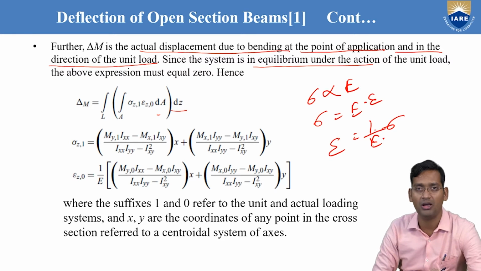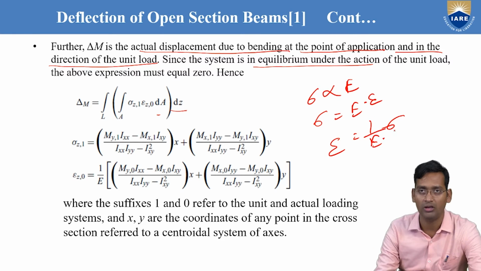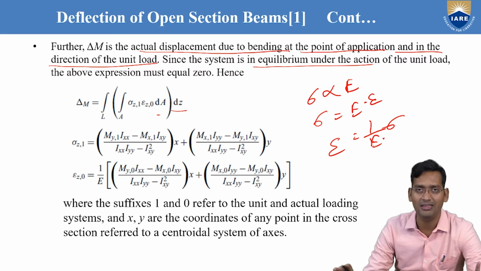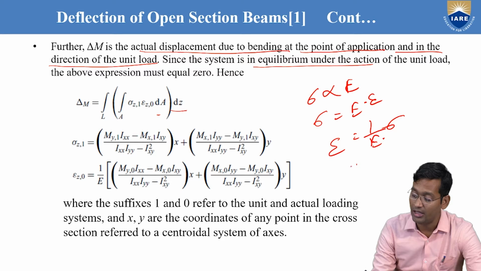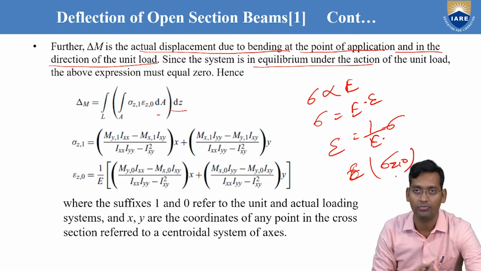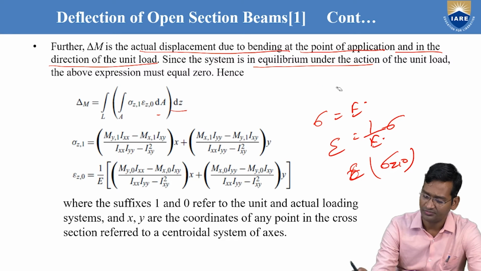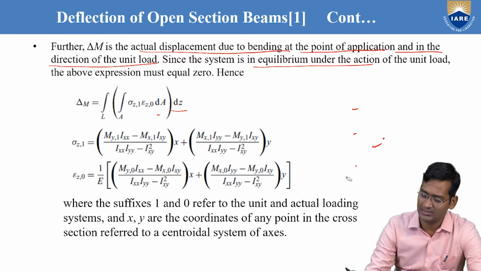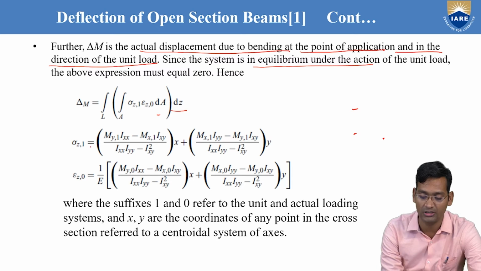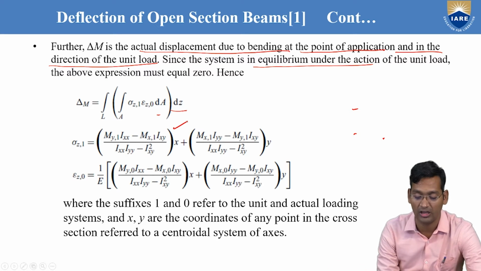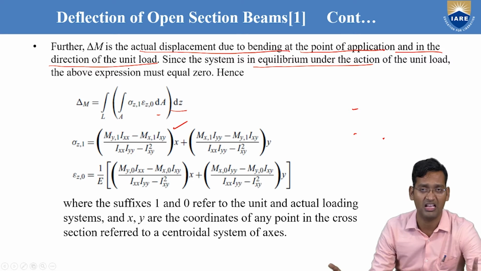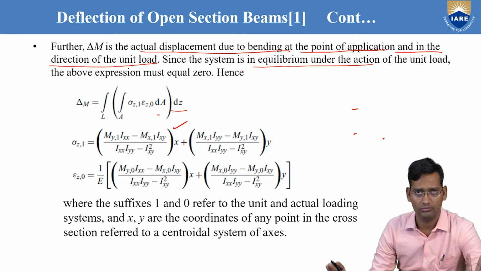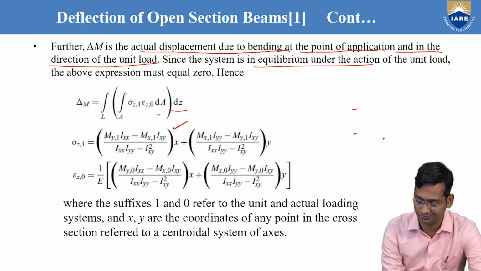So once we have sigma, we can put that one, and just dividing by E we will get epsilon z,0. So for epsilon z,0, what we require? Sigma z,0, that is required. Okay, so let's find sigma z,1. This equation we had already seen for the x-axis and y. Earlier we had seen moment as well as load, but here now in terms of moment.